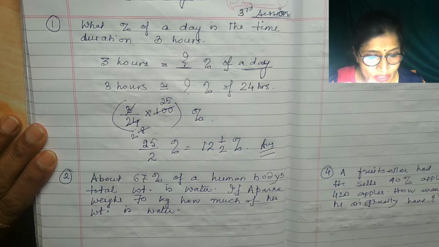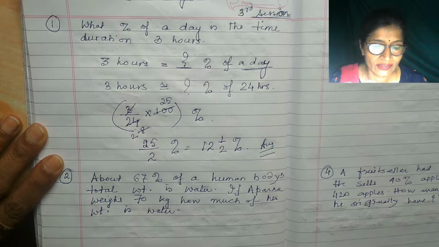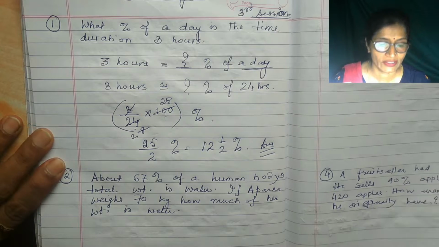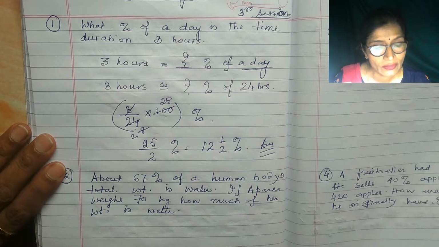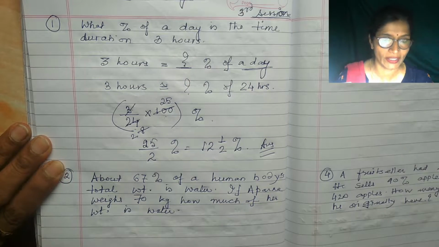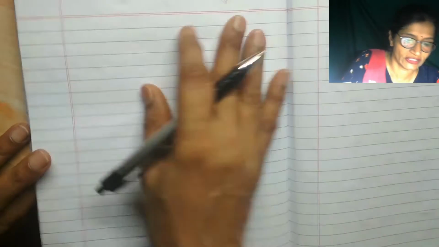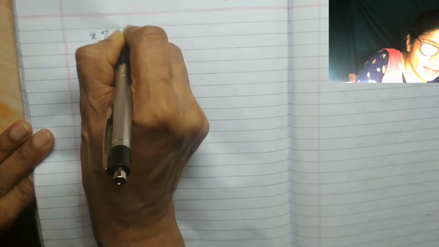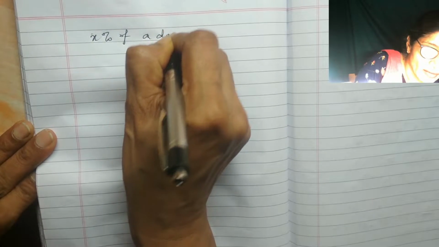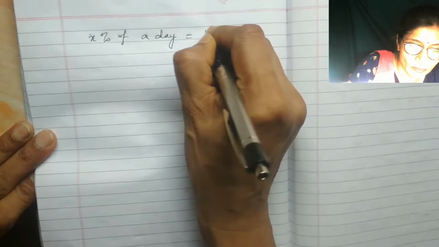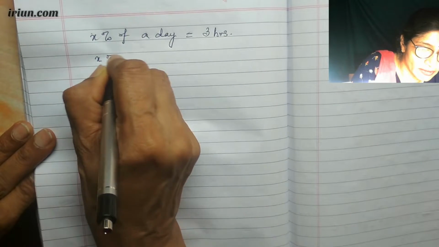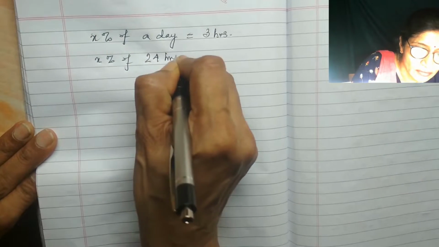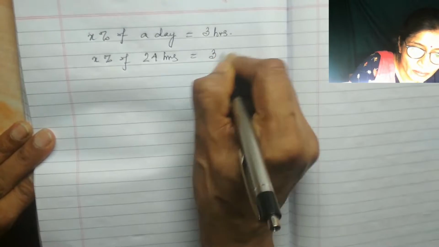Even we can do in this way. If we think that 3 hours is equal to x percent of a day. For example, you write that x percent of a day is equal to 3 hours.